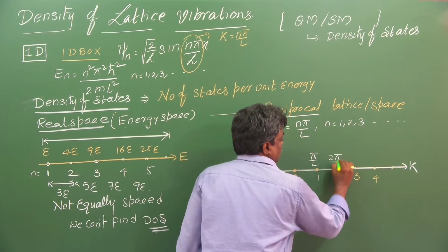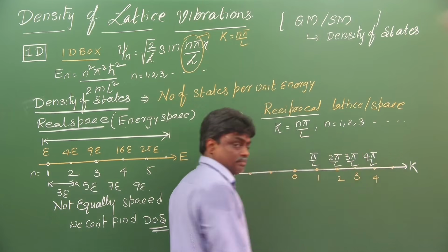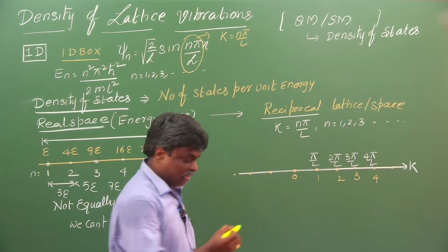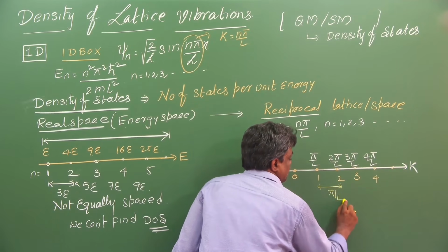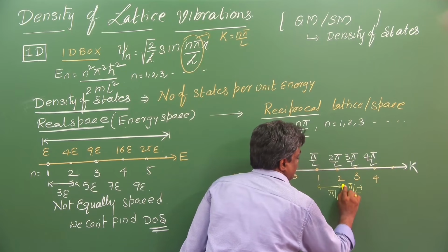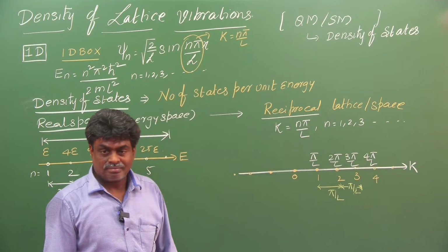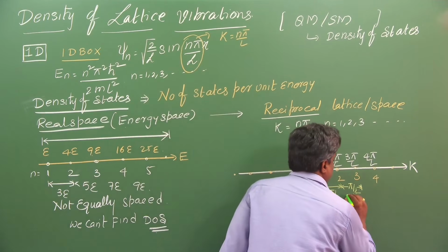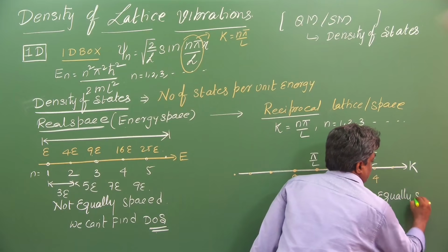Next, next, next. Now if you observe carefully, the spacing between these two is how much? This is the spacing. That's nice. So finally what you are saying is all these points are equally spaced.